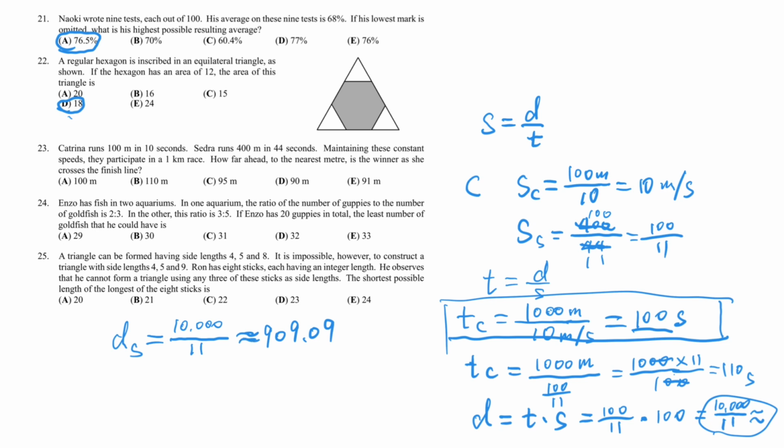The total distance is 1000, and Sandra is at 909 meters, so she is still 91 meters away from the finish line. That means Sandra is 91 meters behind the winner, Katrina. Therefore, the answer to 23 is E.